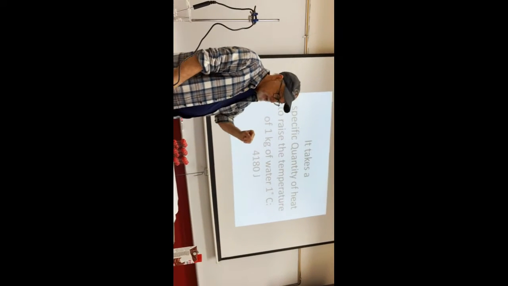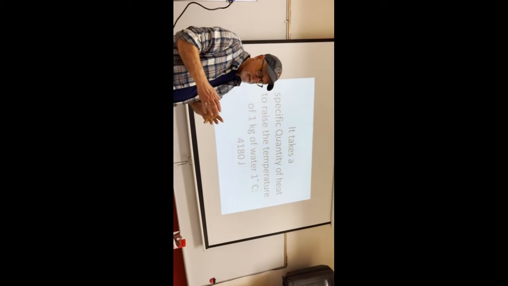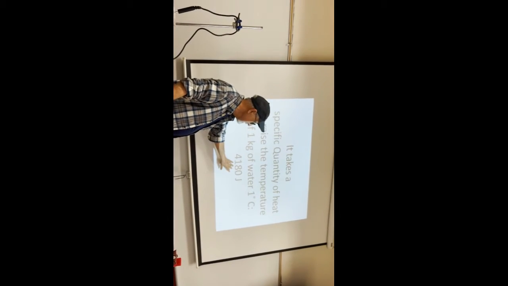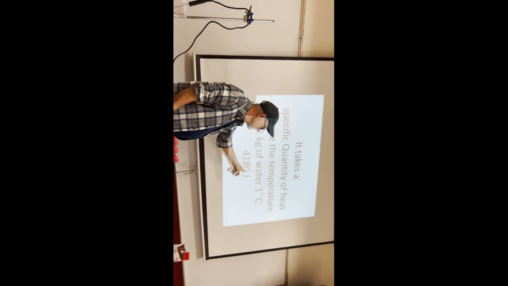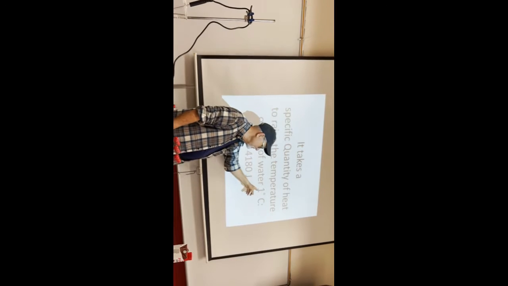If you want to raise the temperature of 1 kilogram of water by 1 degree Celsius, there's an exact amount of heat you have to put in. If you put in more heat, it'll go up more than 1 degree. If you put in less heat, it'll go up less than 1 degree.